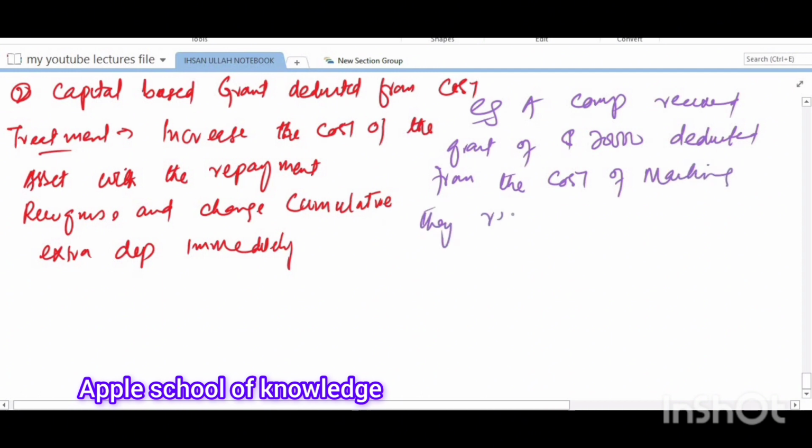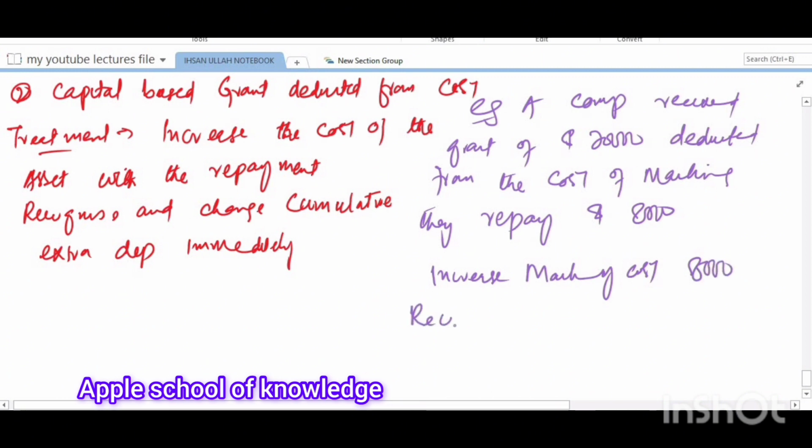Now they repay 8,000. So increase machinery cost by 8,000 and record extra depreciation. Clear? Now let's move on.